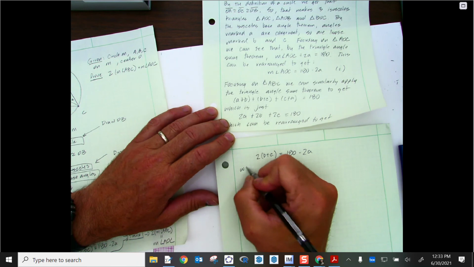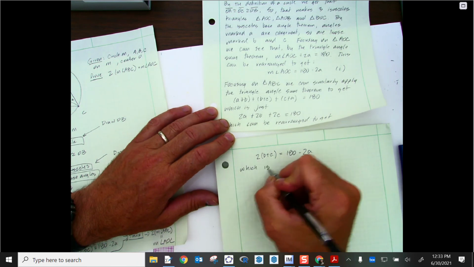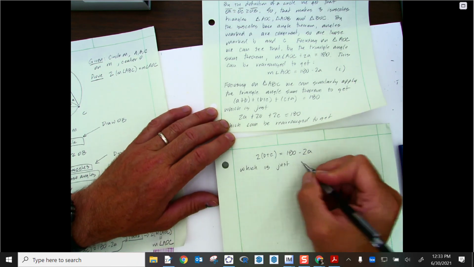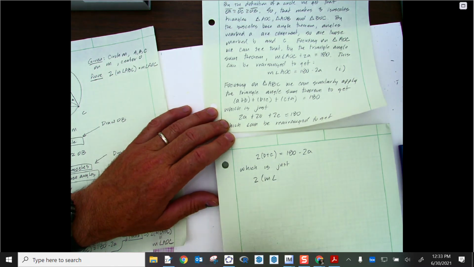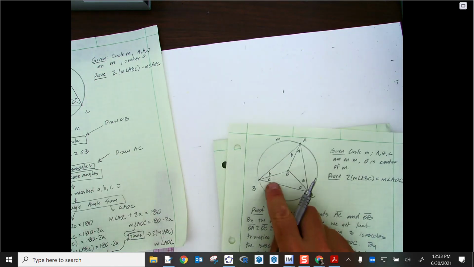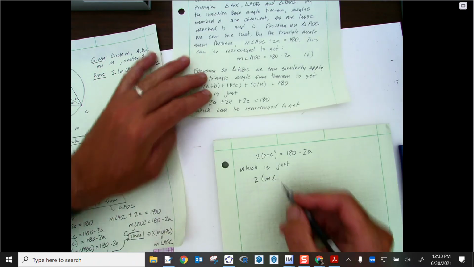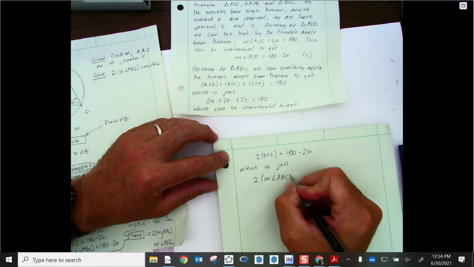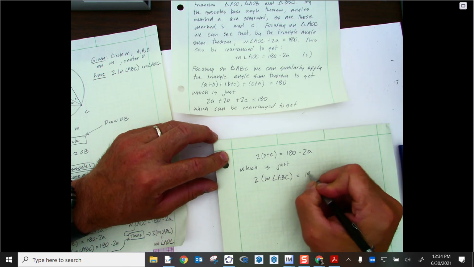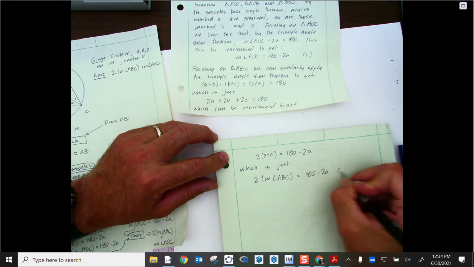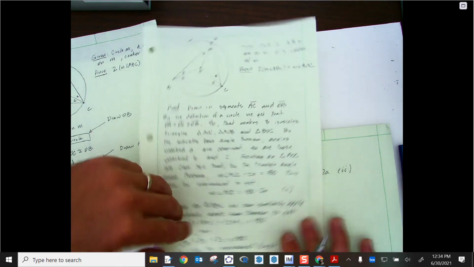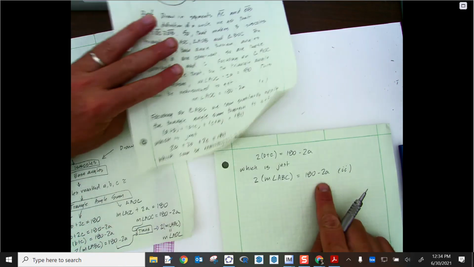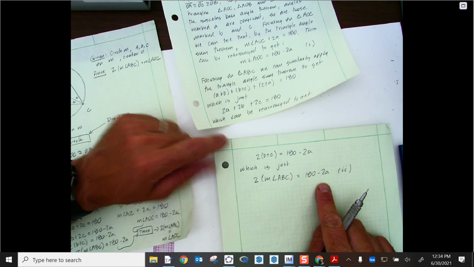And then really, which is just 2 times the measure of angle B plus C, which is ABC. And that one I'm going to call equation 2, because now I'm going to make an argument about equation 1 and equation 2 and transitivity.